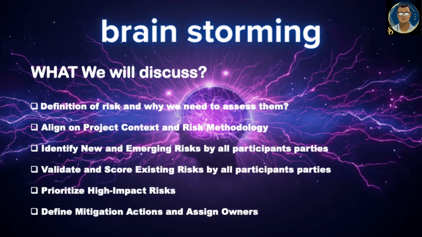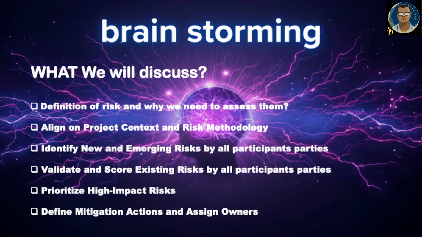What we will generally discuss today is the definition of risk and why we need to assess them, then align on the project context, meaning we will take some live examples of risk and discuss them. Identify new and emerging risks by all participants and all parties in the meeting. This is generally happening; I am creating a complete risk assessment session, as we generally perform in the project, for your practical understanding.